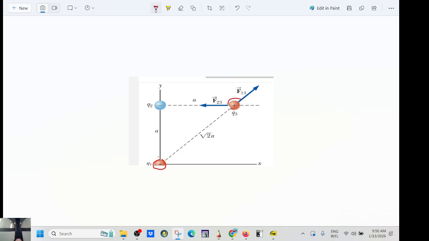So then that means you're going to focus on this one. That will be my focus, right? You have your special glasses, physics glasses here. You look at this one. So this one is going to be pushed by that one because this is positive, and it's going to be attracted by that one. If the charges are the same, this force will be larger because the distance is smaller.